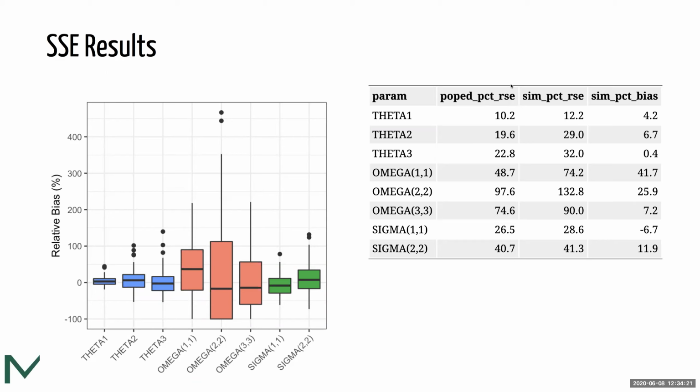Something else we want to look at are the actual standard errors that we get out, to compare them to PopED. So the first column here is what we've already seen. These are the numbers calculated from the information matrix. The second column are the same standard errors from the simulation. Because this information matrix gives us a lower bound, we do expect these to be higher on average.